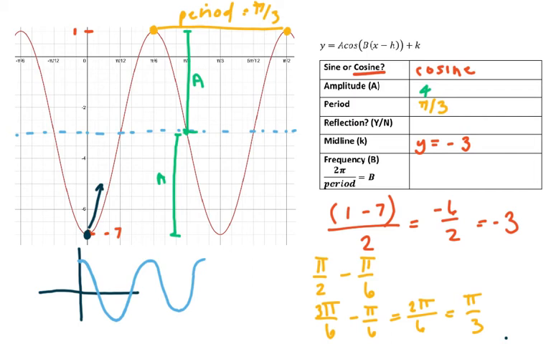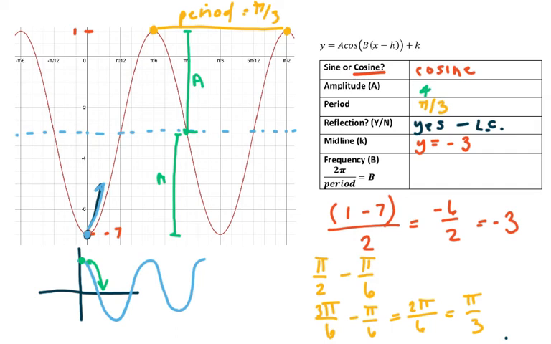And because this function starts at a minimum at our y-axis and goes up, instead of starting at a maximum and decreasing after that y-intercept, we know that this function has been reflected or flipped over the x-axis and therefore is going to have a lead coefficient that is negative. And so I'm going to write that as negative LC for lead coefficient.